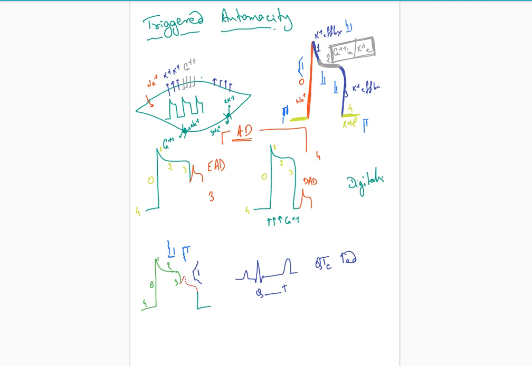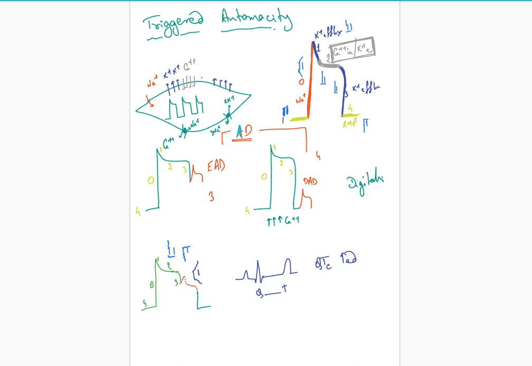Yes sir. Okay, now when it comes to triggered automaticity, there are two fundamental things that all of you should remember. One is EAD, and there is DAD. Now what do you mean by AD?